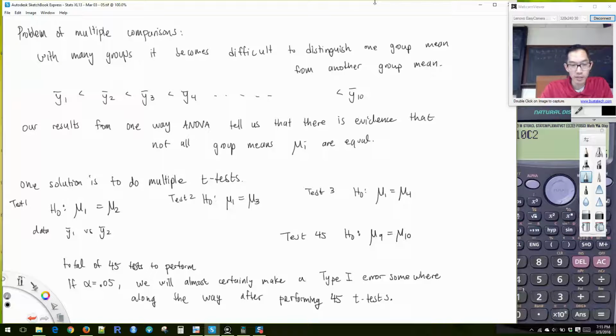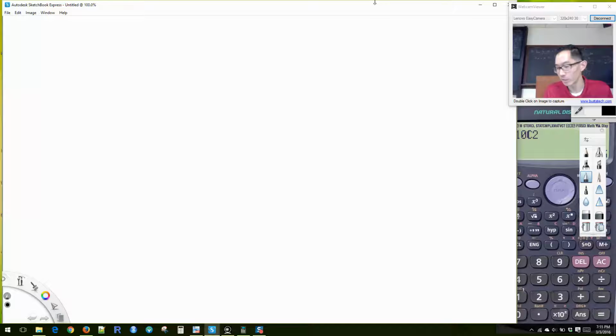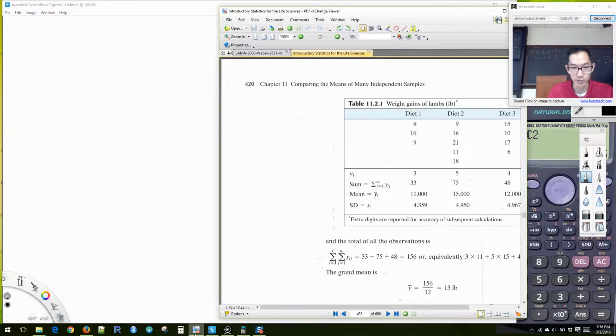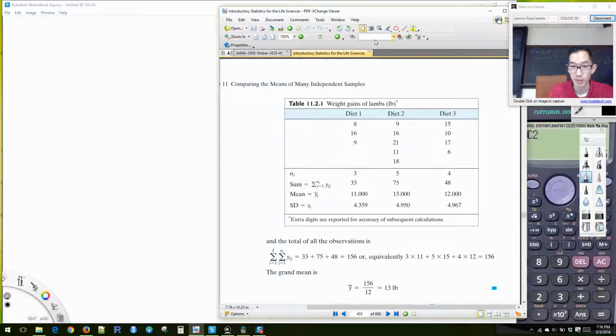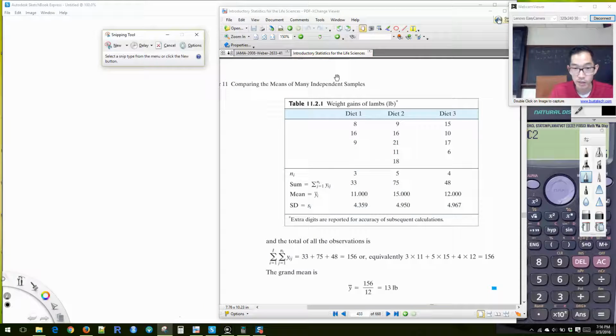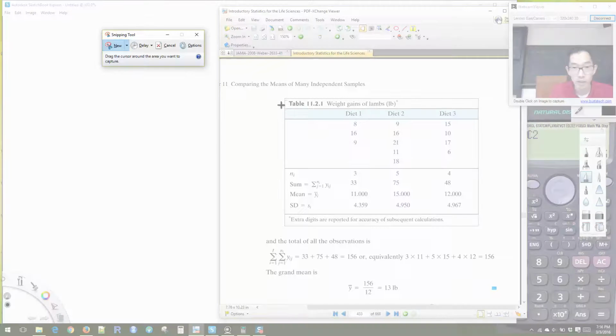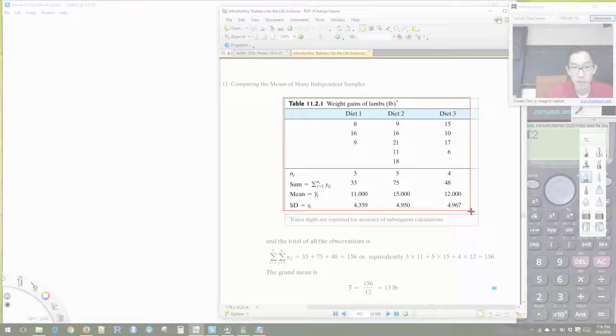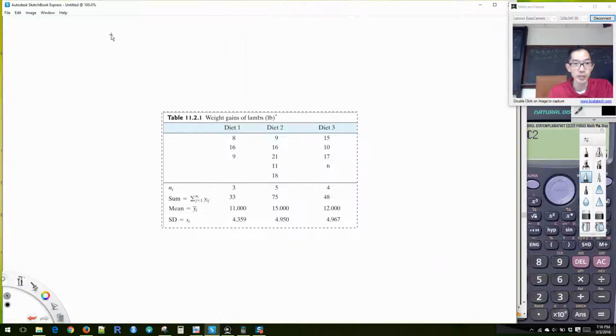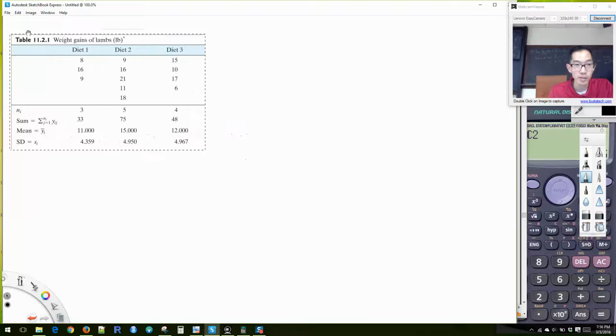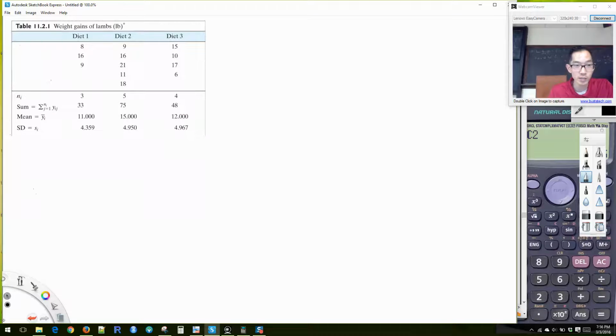Okay, so let's get into the nitty-gritty of performing one-way ANOVA. For our example, I'm going to use this data, which has been nicely summarized for us. This table exists in your text, and you can copy it down.